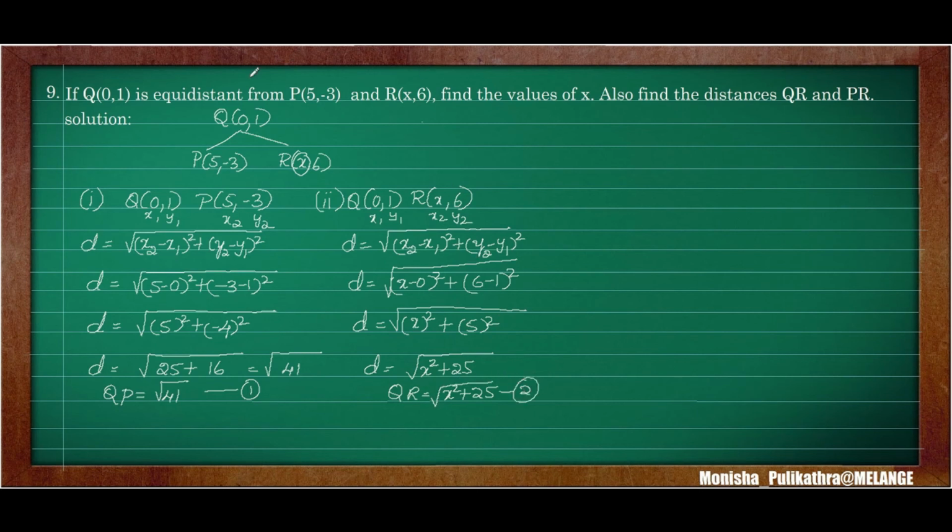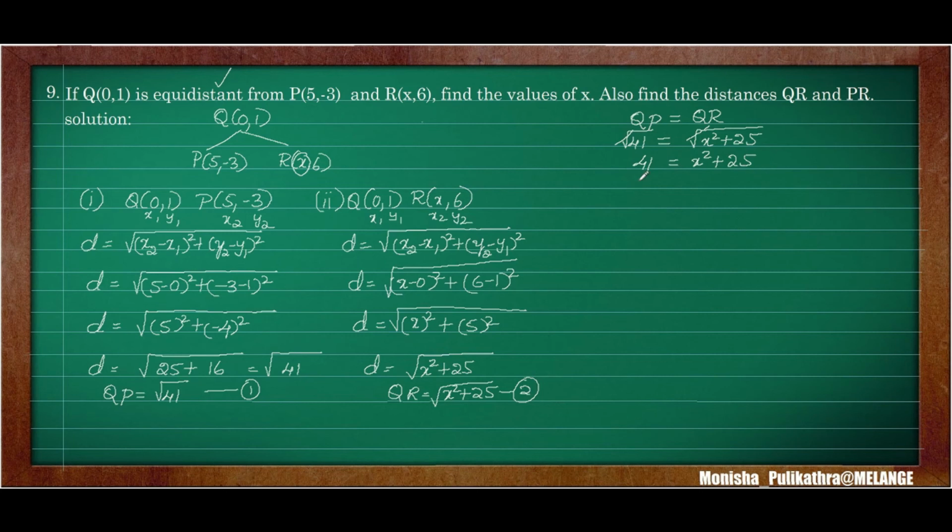They have given that they are equidistant. That is, equidistant means QP is equal to QR. So root 41 is equal to root of x square plus 25. Here the roots cancel each other. Remaining is 41 is equal to x square plus 25.